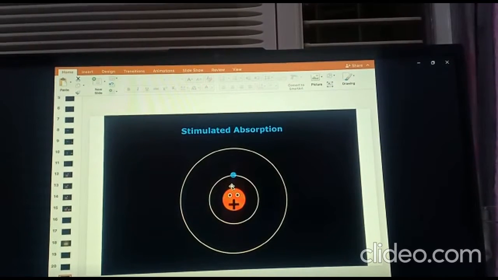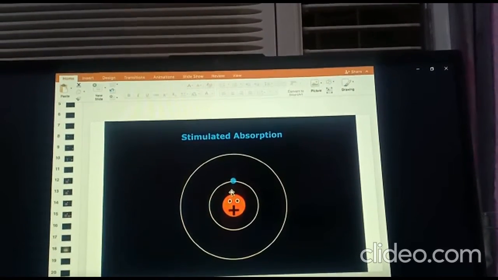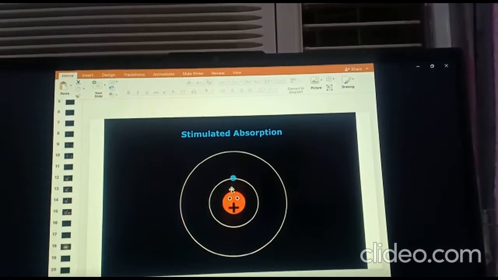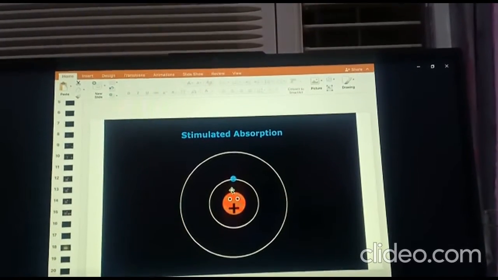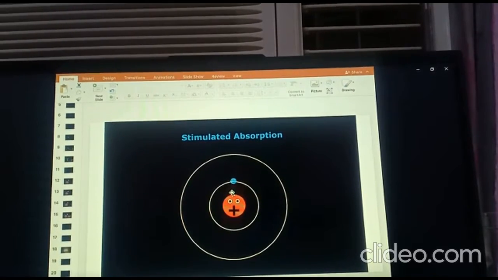It is called stimulation or stimulated. But when it's spontaneous, it is anything happening in this universe on its own, without external forces. It's happening upon its own.